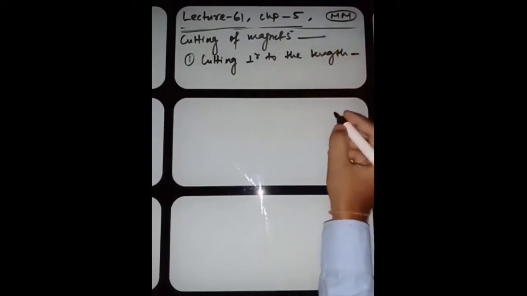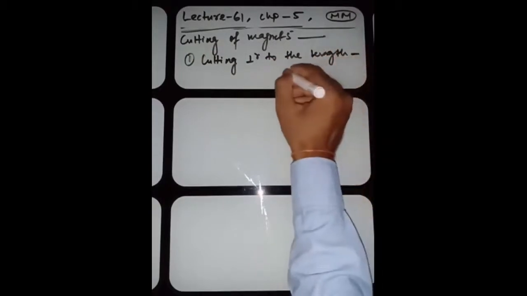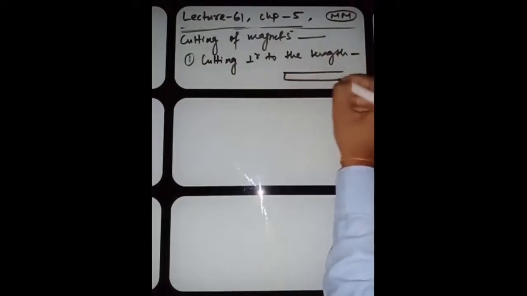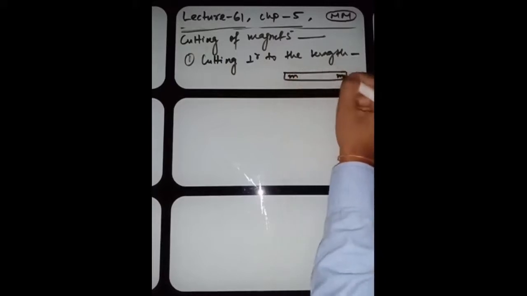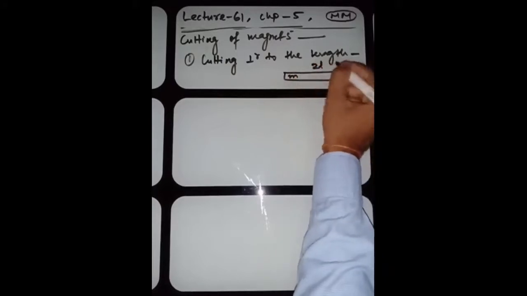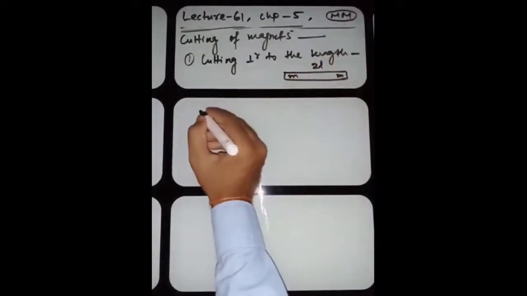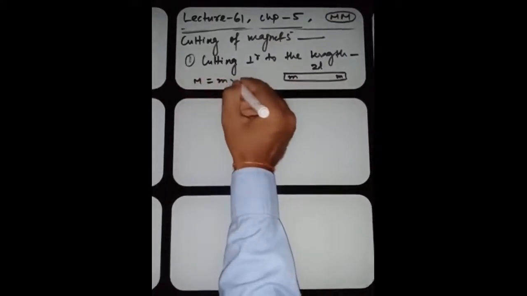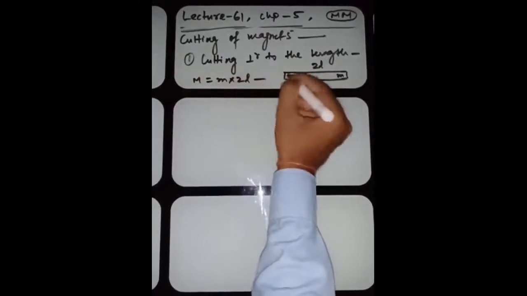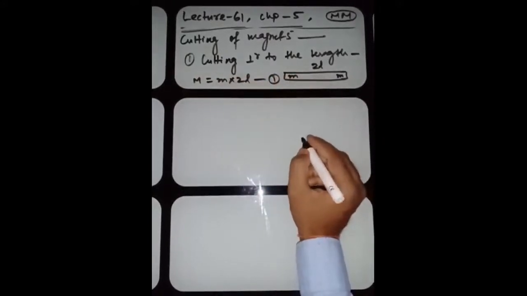Okay, then suppose we have a magnet of pole strength m and dipole length 2L. What will be the magnetic dipole moment, my dear students? We can write the magnetic dipole moment as m into 2L. Let me make this equation 1.